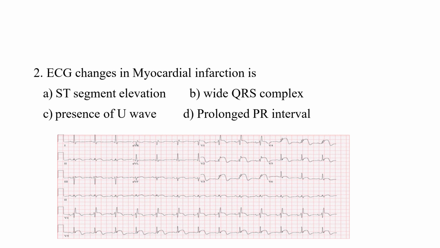Okay, and the artery which is involved can be the left main coronary artery, because that is supplying the anterior portion of the heart. Also, we can see T inversion in these ECG strips. So the answer is A.